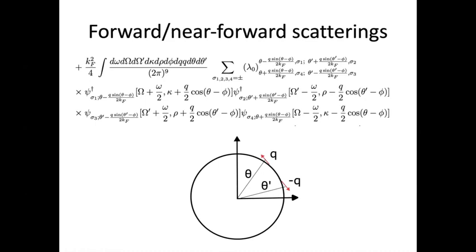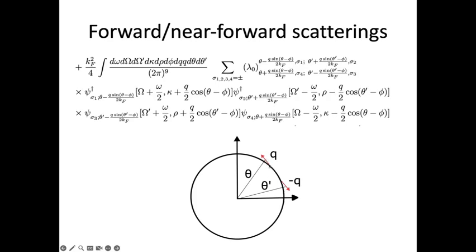But as I mentioned, if you only include the forward scattering, that leads to a non-local theory. So to make the theory local, we would like to allow non-forward scattering with a small but non-zero momentum transfer Q. Okay, so this term here, you can just look at the picture.